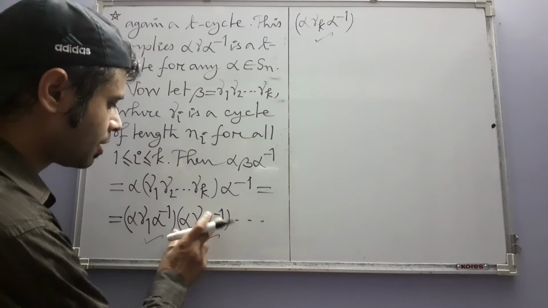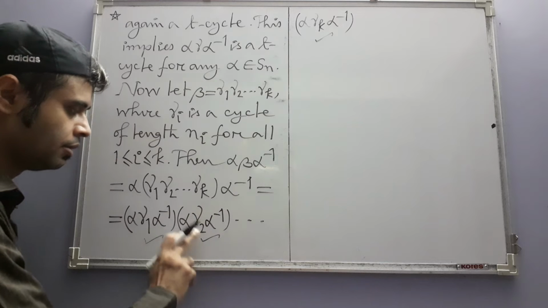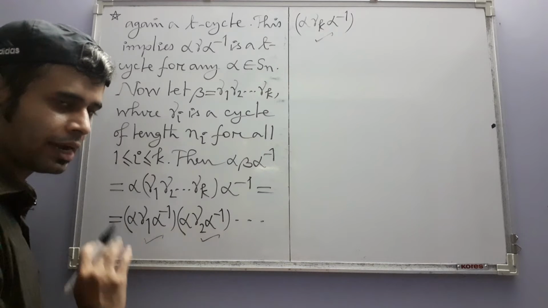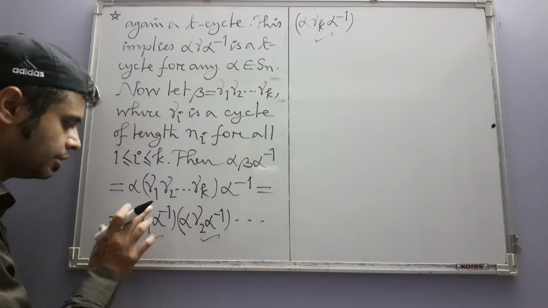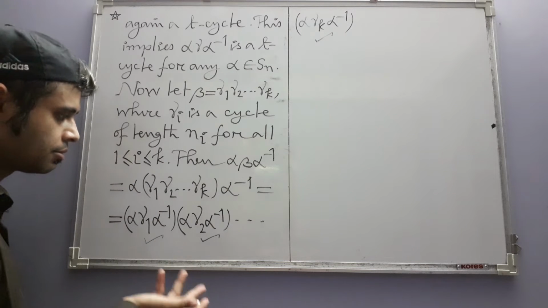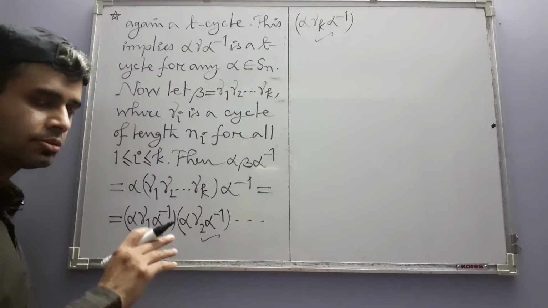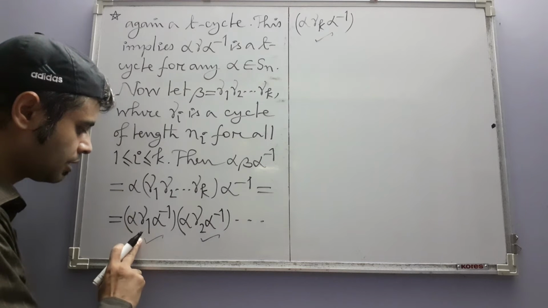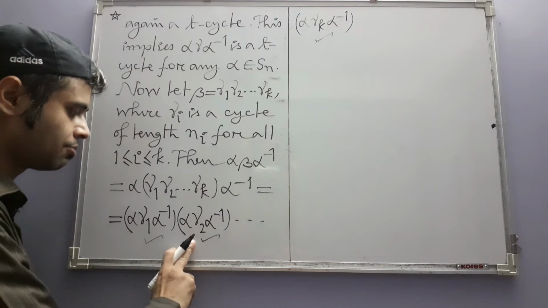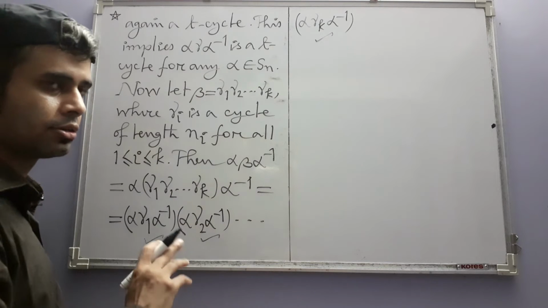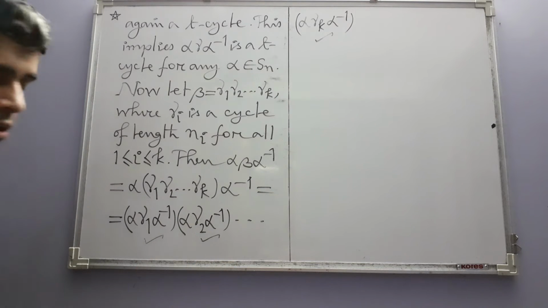Okay, this type of formation is called a conjugate of the element that we have in the middle. So these conjugates, by what we are stating here, they are also cycles. The first one has length n1, the second one has length n2, and so on. So that's it, we have got what we wanted.